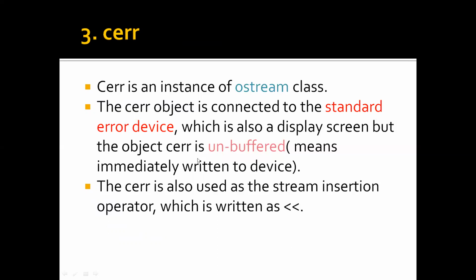But the cerr object is unbuffered. What is unbuffered? Unbuffered is nothing but immediately written to a device. So when any program has an error, it is immediately written to the device. That's why cerr is called unbuffered.